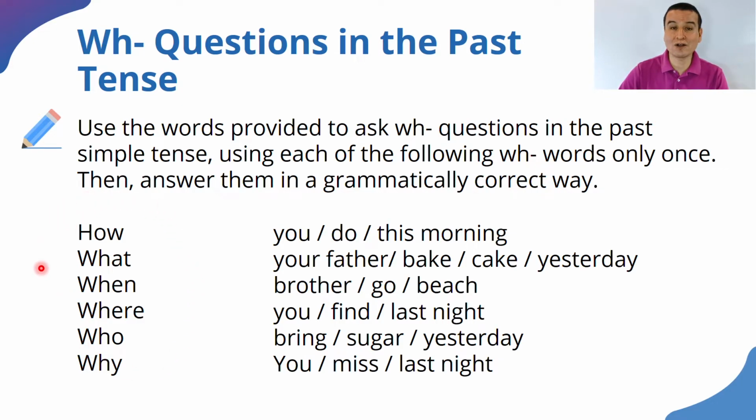And here are some phrases, let's say some sets of words separated by this slash here that you can use to make up any question. You have to add more words to make it more sense, but you are free to do that. When you finish asking your question, answer it in a grammatically correct way.